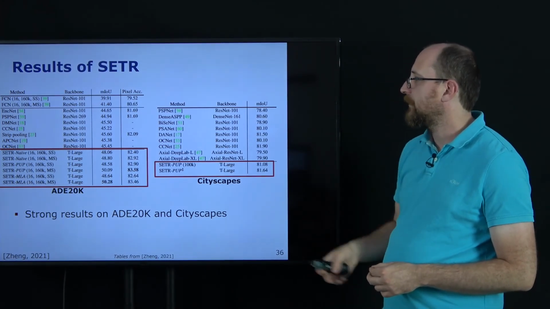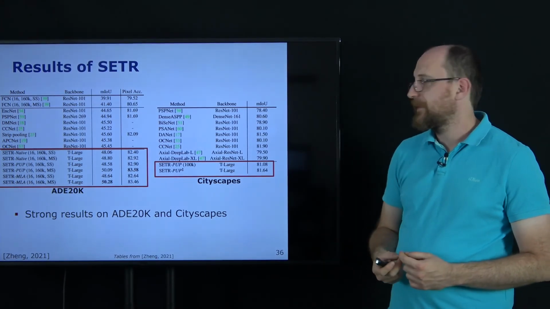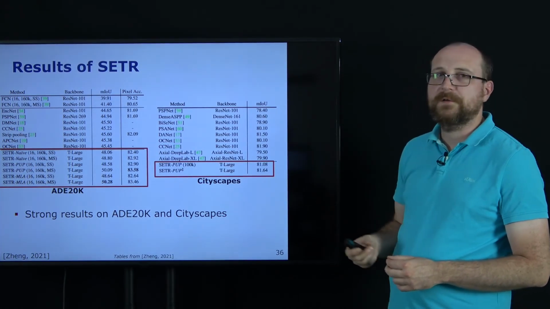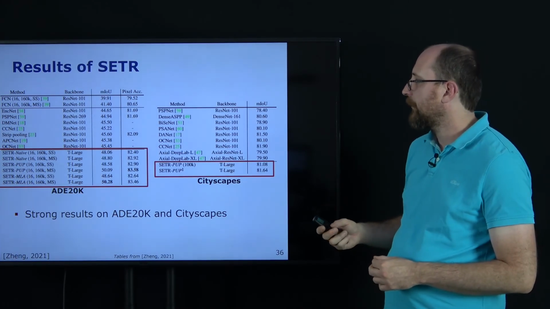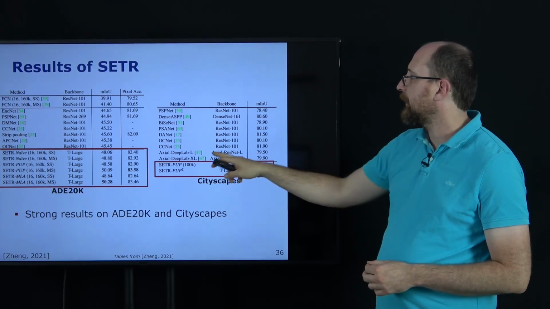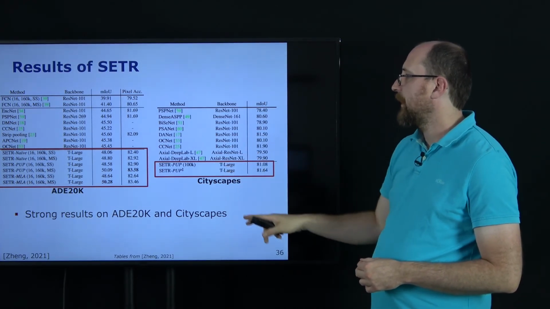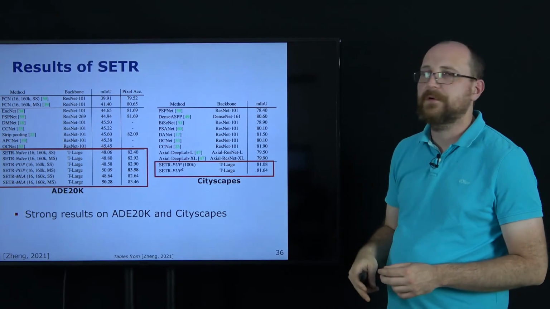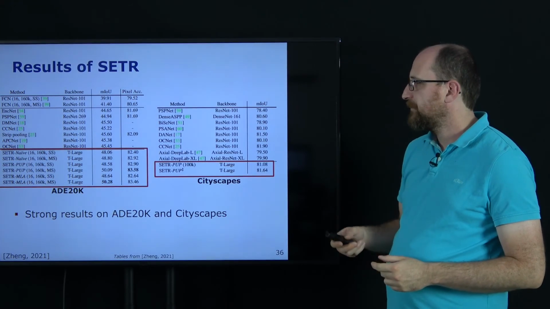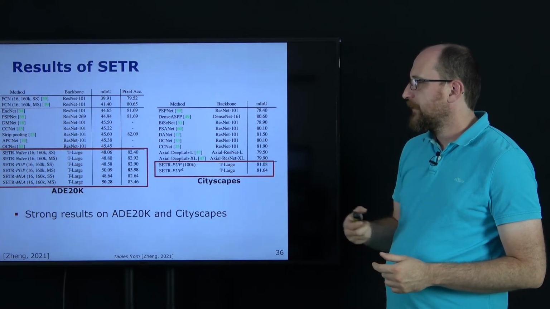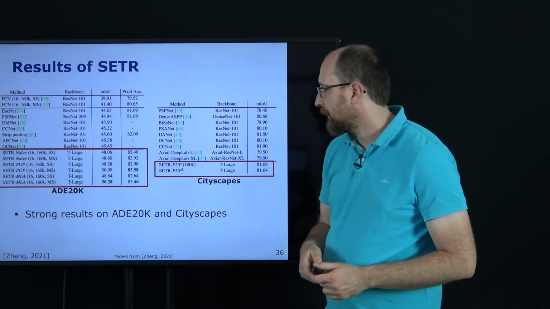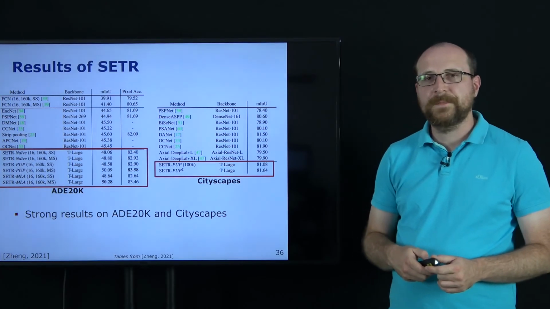But when we also look at the Cityscapes dataset, we see a decent improvement over state-of-the-art convolutional networks. Here this is maybe a specific case, because they are also using some attention parts in there, but still have mainly convolutional parts. And this SETR approach provides strong results on ADE20K and the Cityscapes dataset.